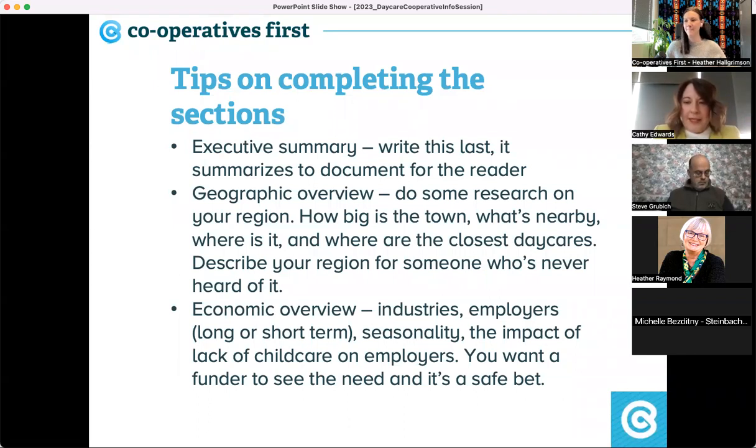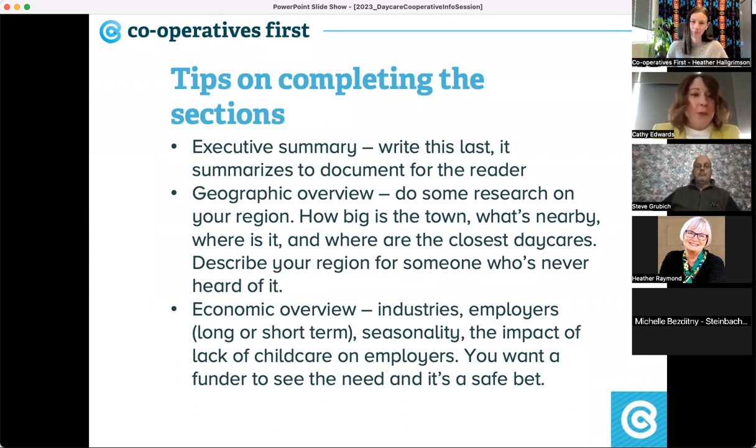In the province of Saskatchewan, on the government website you can type in the geographic region you're looking at, and it will bring up all of the licensed child care facilities in that region, which is a really neat function.